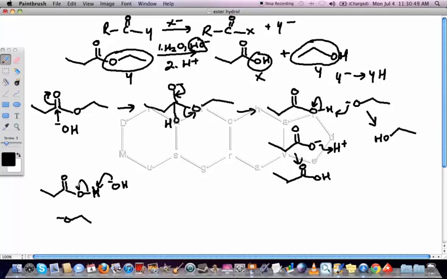Remember, there's always going to be excess base here, so that is a possibility. And we'll still have the compound here with the O negative on it that we haven't done anything with yet, and then we can add H+.